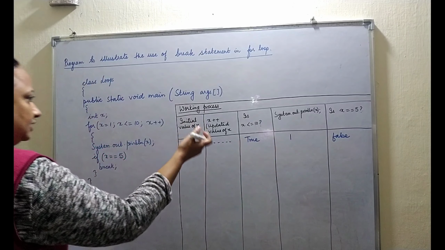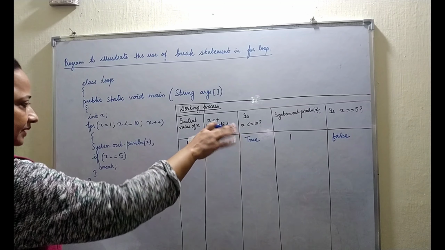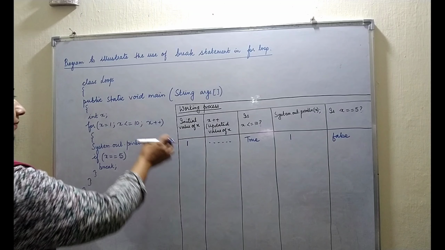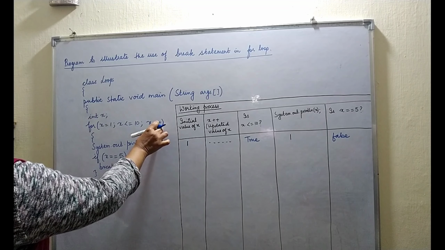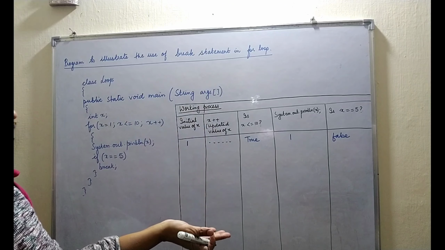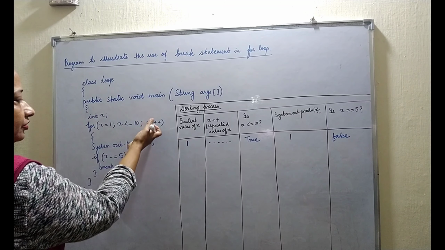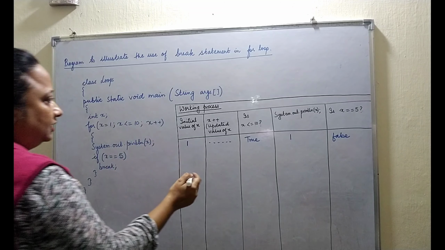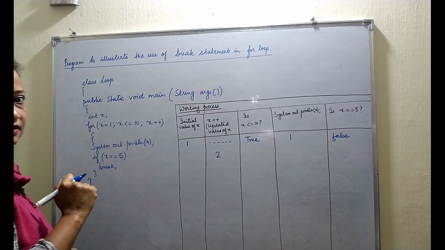After the first iteration, the modification takes place. So what will be the value of x in the second case? The value of x will be updated, incremented by 1, so the updated value of x will be 2.